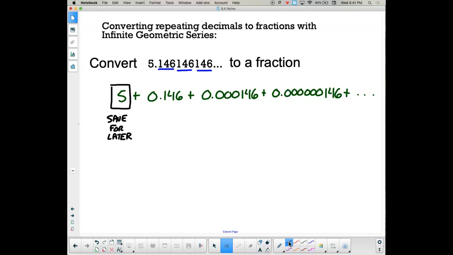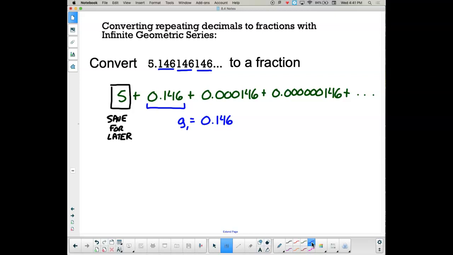So I'm really just going to look at the part that is repeating. If I look at the part that's repeating, my first term is equal to 0.146. This right here now becomes my first term.